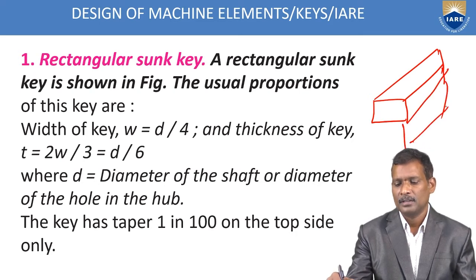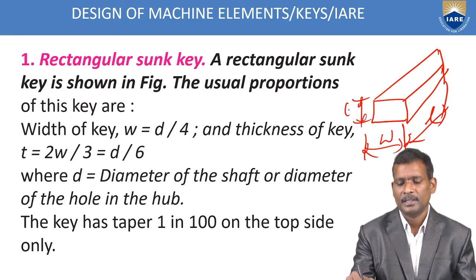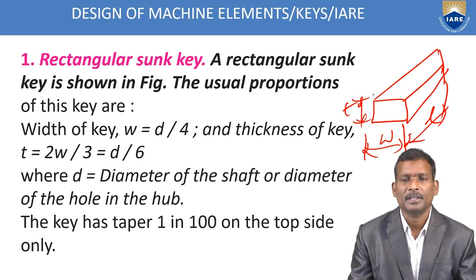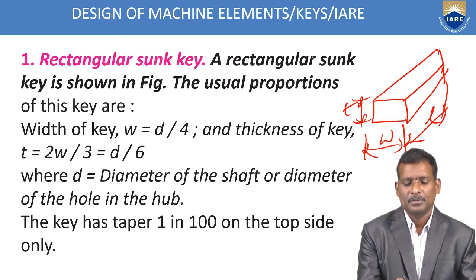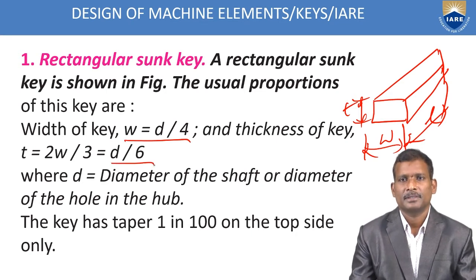In this, this is the length, and the width, and this is the thickness or height, the depth of the key. If you know the shaft diameter, you can easily find the dimensions of a rectangular key. w is equal to d by 4 and t is equal to d by 6. The taper is 1 in 100.